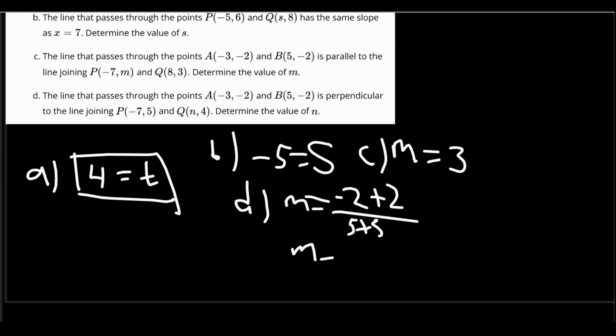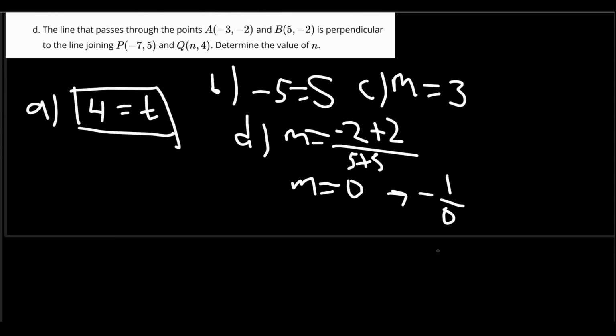So our slope is 0. But it says that this slope is perpendicular to the slope of the line joining P and Q. So we're going to have to find the negative reciprocal of 0. And that is negative 1 over 0, which is just undefined.